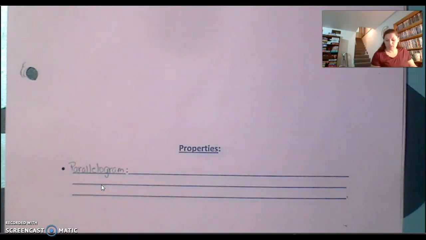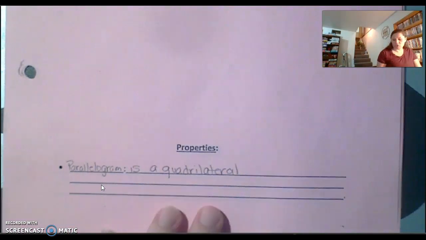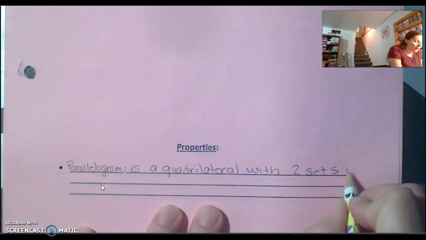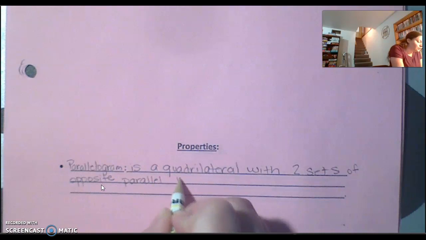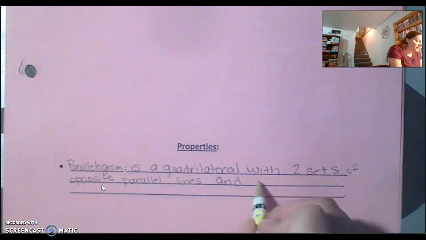Hold on. So a parallelogram is a quadrilateral, and remember, quadrilateral is a 4-sided shape with 2 sets of opposite parallel lines and opposite equal angles.